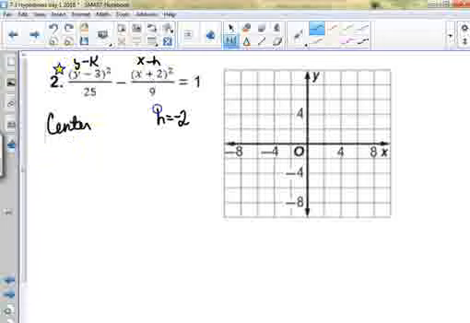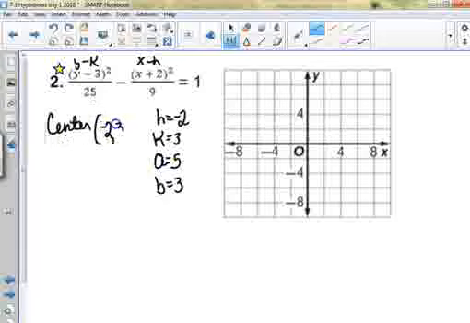H is -2, k is +3. A is what? 5. B is 3. And we can get to C in a minute. All right, so the center is at h, k, which is -2, +3. From there, how much do I go to the left and right?